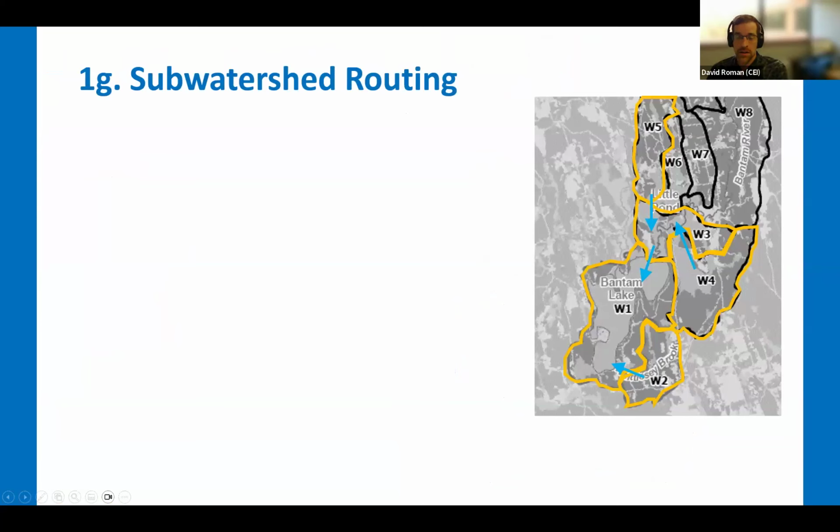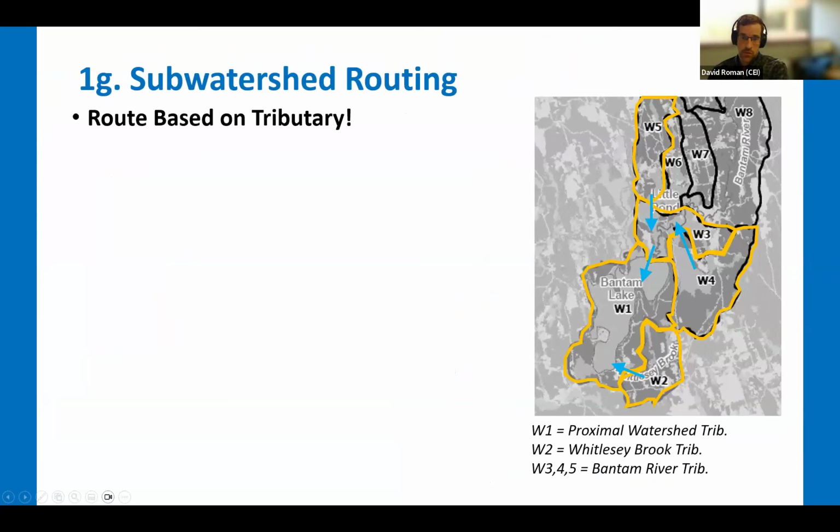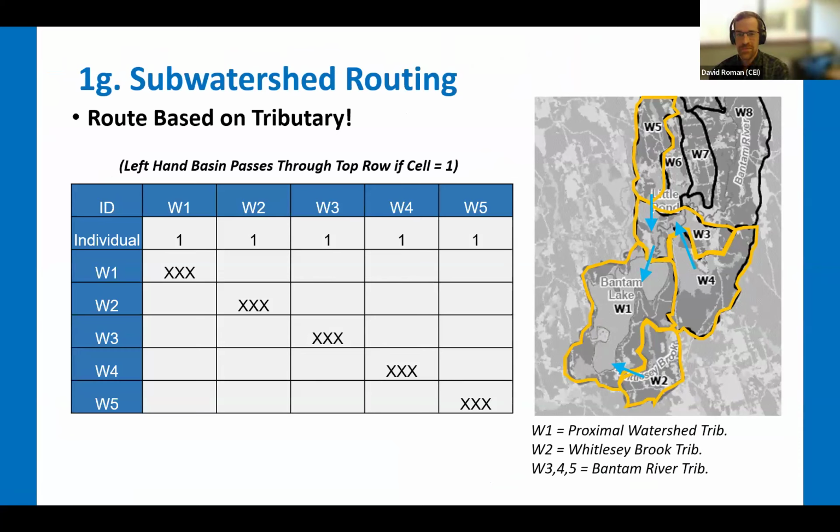Okay, so routing. So we can route based on tributary. So routing is done in LLRM. It's not super intuitive. This always makes my head go a bit fuzzy when I'm doing routing.